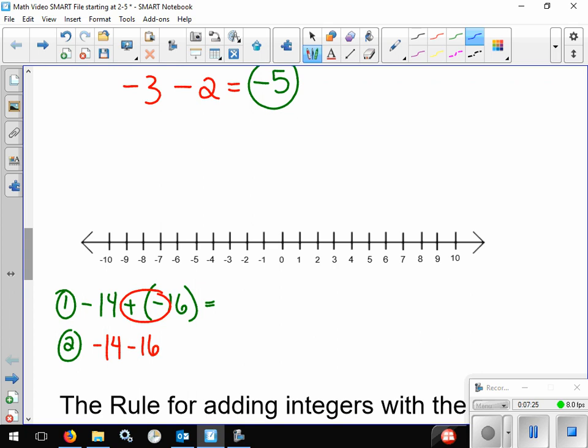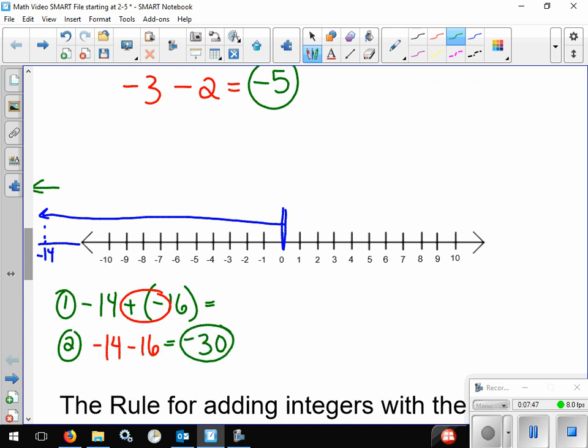I'm at 0, and I'm going to go to -14. And you know I'm going to run off this number line. So I'm at -14. Which way am I still going? I'm off the board, but I'm going to keep going that way to negative what? -30.